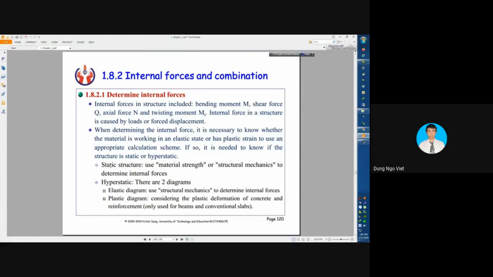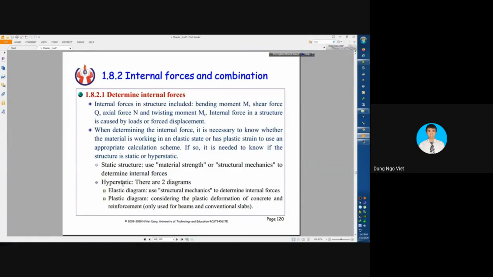So you have to learn both of these subjects before learning this subject. Before learning the reinforced concrete structure subject, you should study material strength and structural mechanics to understand how we can determine the internal forces.